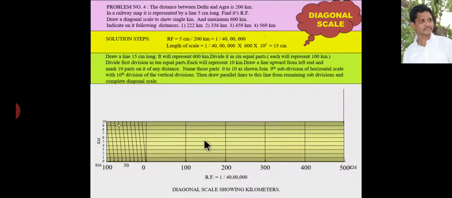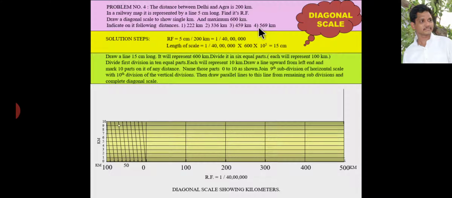Each main division represents 100 kilometers, and this subdivision represents 10 kilometers, and these subunits represent 1 kilometer. This is 0, 1 kilometer, 2, 3, 4, and up to 10 kilometers. So these are the main units, these are subunits, these are the subdivisions of subunit. So 100 kilometers, 10 kilometers, 1 kilometer.